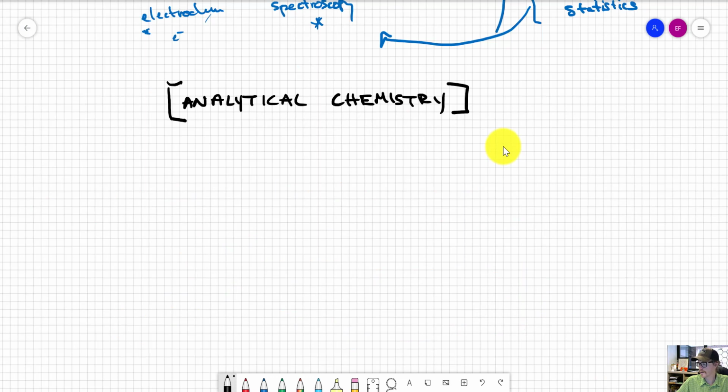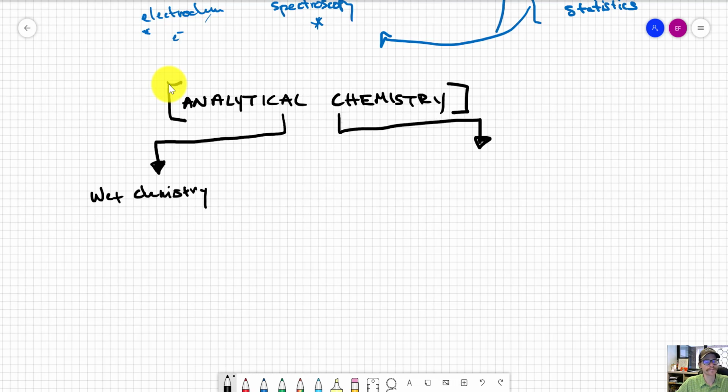So traditionally, the field of analytical chemistry can be subdivided in a variety of different ways from different perspectives, but the way it's often taught and thought of is these two larger subcategories: wet chemistry, or wet chemical methods of analysis, versus instrumental methods of analysis.